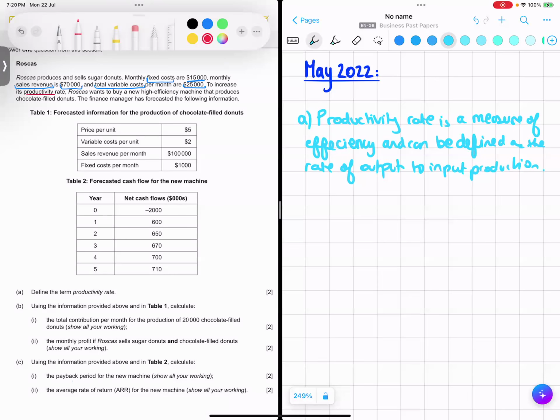The manager may be interested in the productivity rate just to see how efficient the production is. So you can write that down, but I think that this is more clear cut.